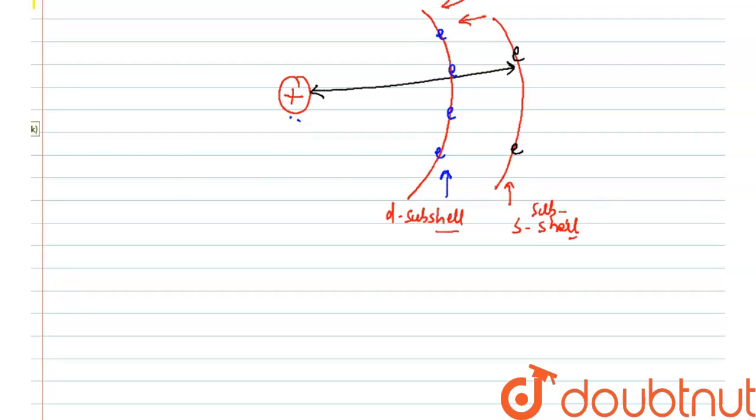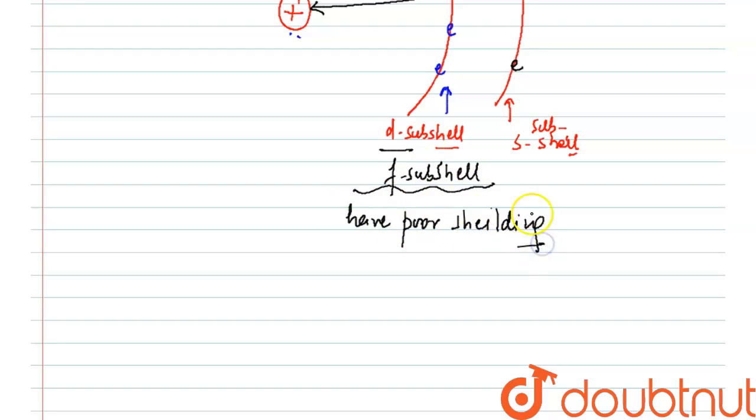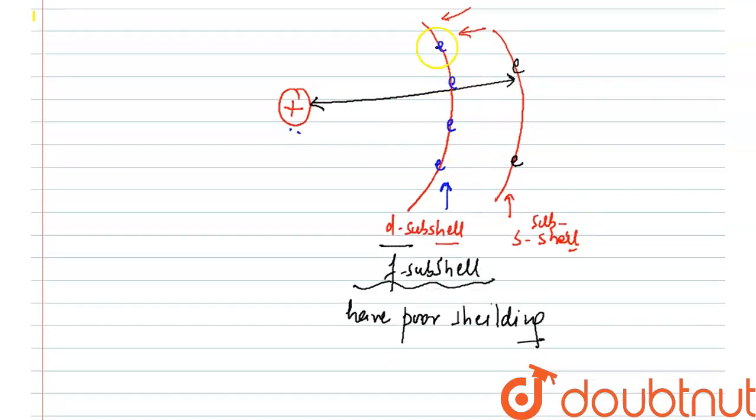Now, we have a d subshell and we have an f subshell, and both of these subshells have a poor shielding effect. Now what will happen if the shielding effect is poor? If the shielding effect is poor, then the force of attraction between the nucleus and the valence electron will not get any weaker, and due to this, the size of the entire atom will get smaller.